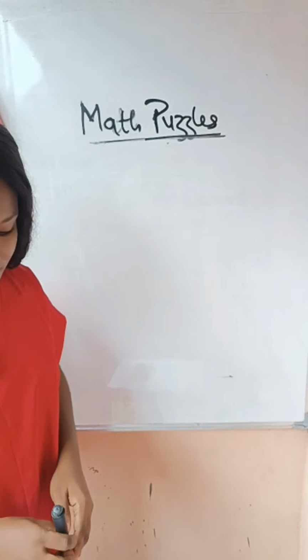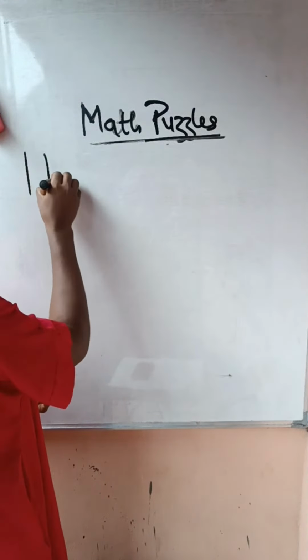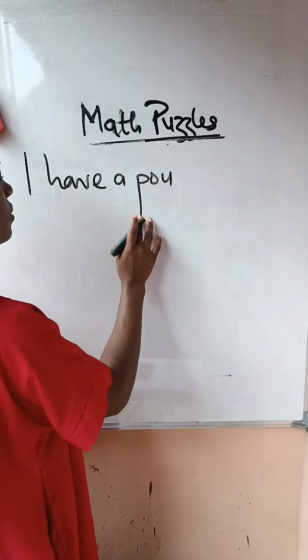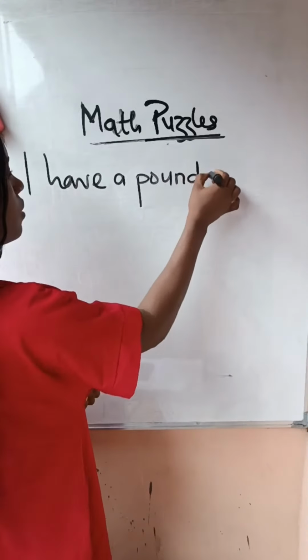Now, this question says, I have a pound of feathers and a pound of iron.